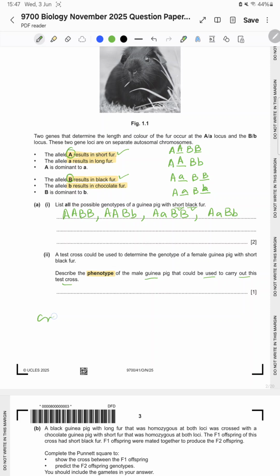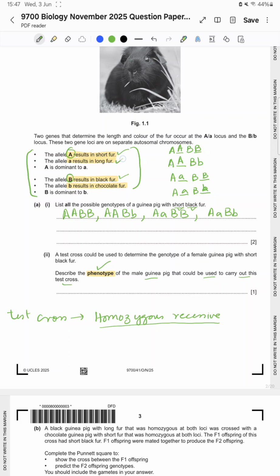Here once again they're not talking about the genotype but the phenotype. Now we need to remember one thing, and we always need to take care of this fact, that whenever we are going to do a test cross, we'll be doing it with a homozygous recessive. And here they are saying the phenotype. So now looking at these two, you can point out what could be the homozygous recessive phenotype.